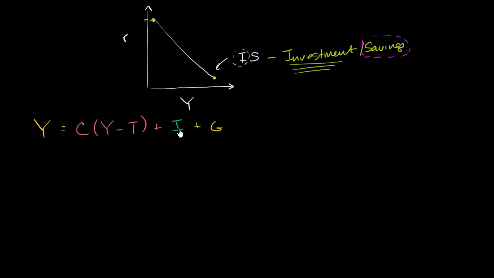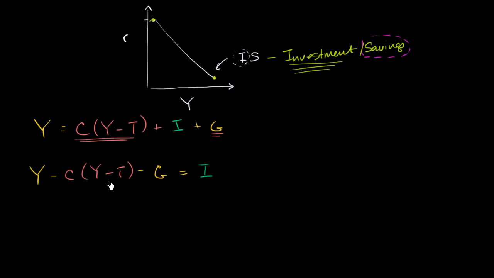Now what I want to do is solve for investment. So if I solve for investment, I'm just going to subtract this piece and this piece from both sides of this equation, and I get aggregate income minus total aggregate consumer spending, minus total government spending is equal to, on the right-hand side, I'm just going to be left with investment right over here.